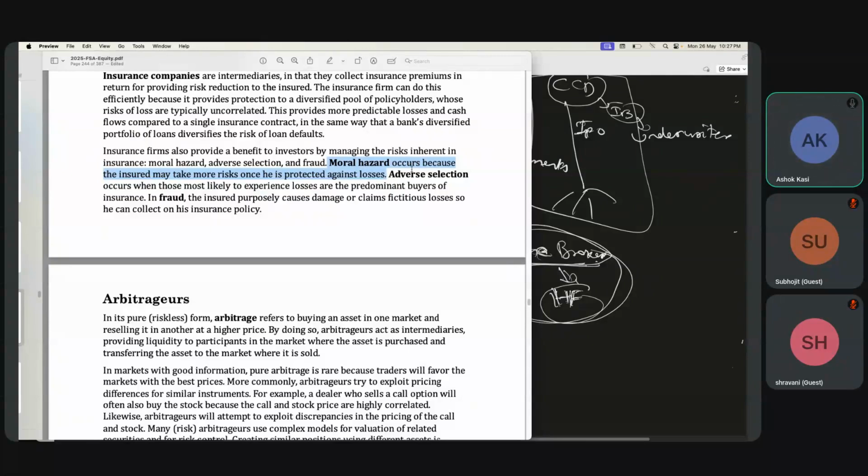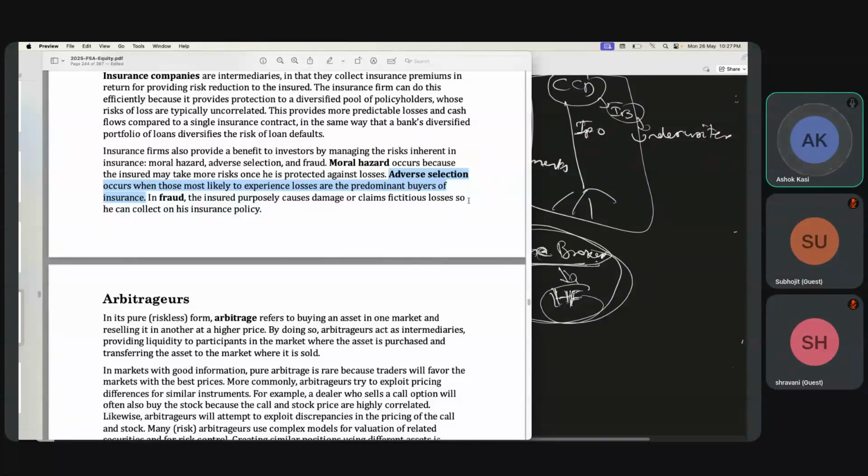Adverse selection. Adverse selection occurs when those most likely to experience losses are the predominant buyers of insurance. That means insurance is given to those people who are more likely to actually use it, who are going to fall sick and make the company pay for it.